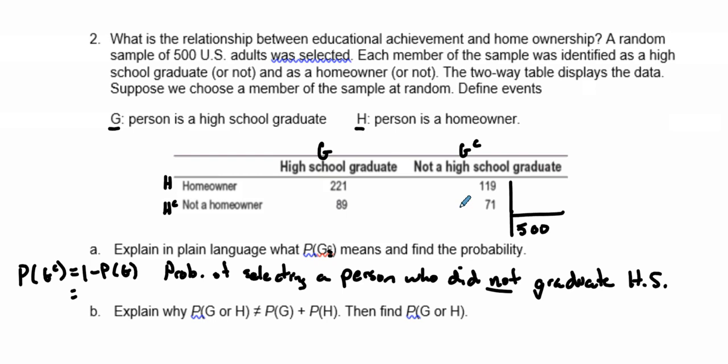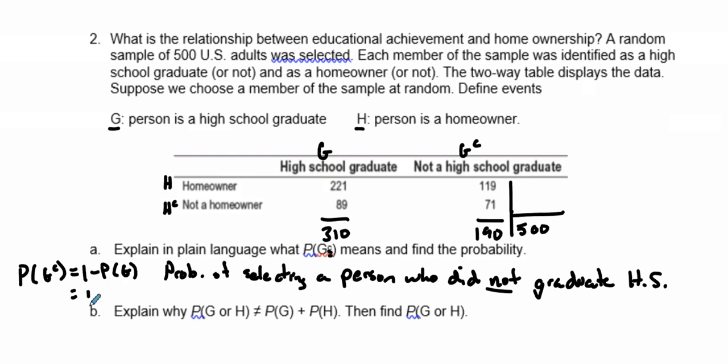Well, we can take the probability of graduating, which is 310, and not graduating is 190.